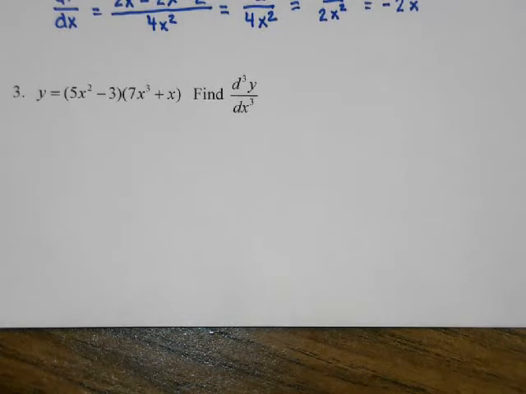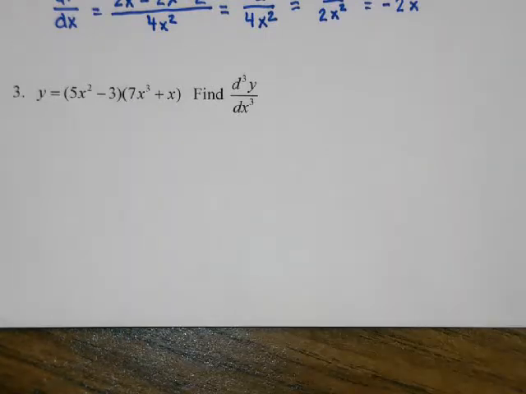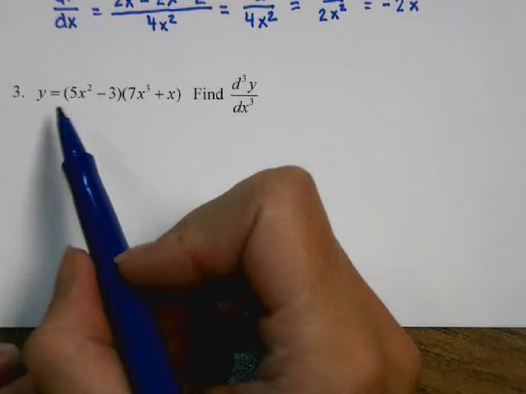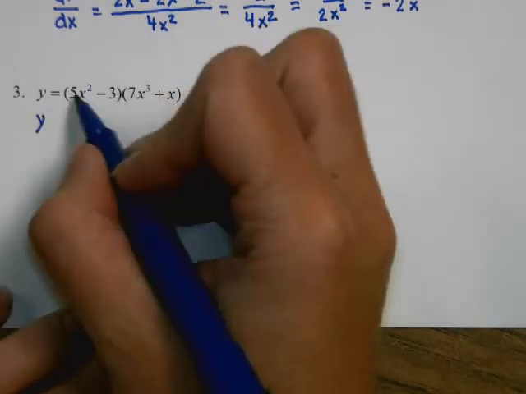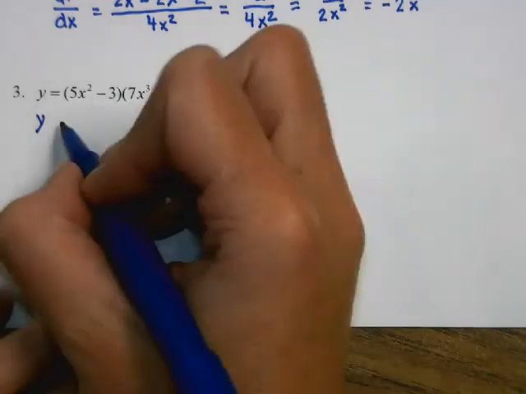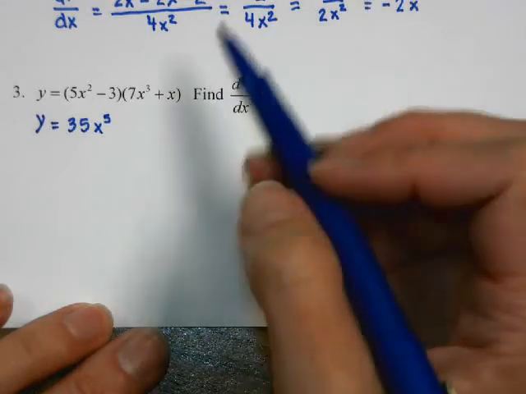Okay, this next one, we want to find the third derivative. Now, at first glance, you might be tempted to use the product rule, and you can, but we're going to have to take this derivative twice, or 3 times. So I'm going to simplify this by FOILing. So 5x squared times 7x cubed is going to be 35x to the 5th.